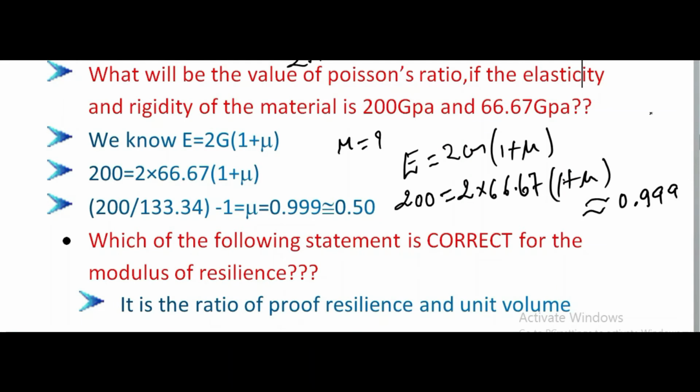Okay, and we know that mu varies between -1 to 0.5 only. So we can't take this value 0.99. So it's equivalent to 0.5. Simple. So the answer is 0.5.